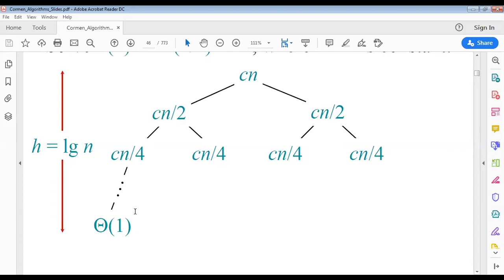So the height of the tree should be log base 2 of n. In the book, log base 2 is written as lg n.